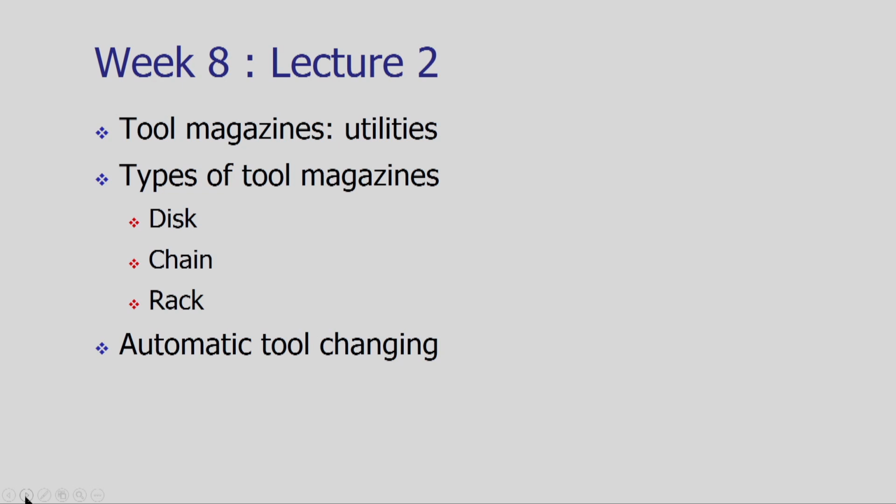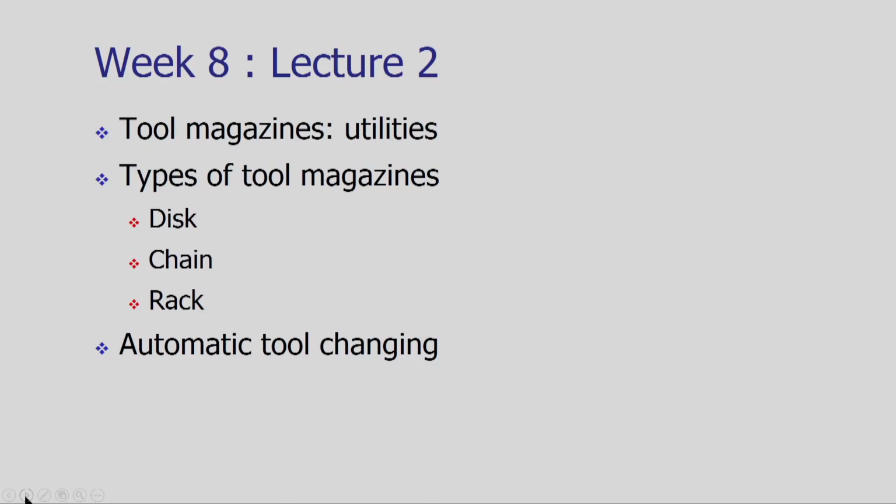CNC machine tools are an integrated part of automated manufacturing system, and the tool change or tool related factors are very crucial in deciding the productivity of the CNC based automated system. So automatic tool changing is contributing a lot to enhance the productivity of a CNC machine tool. That's why it is essential for us to study the tool magazines.